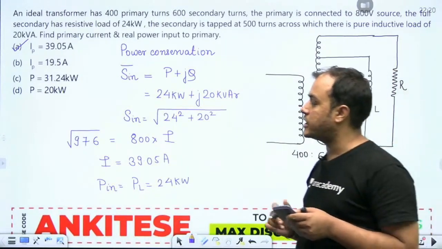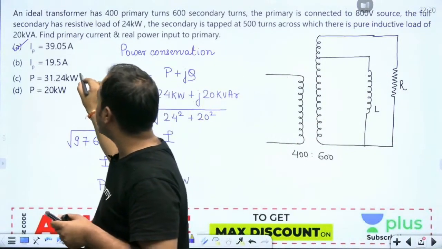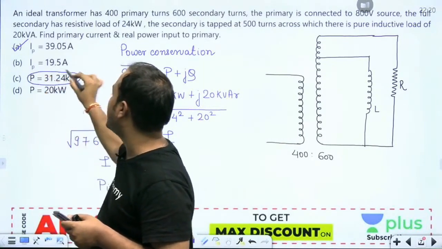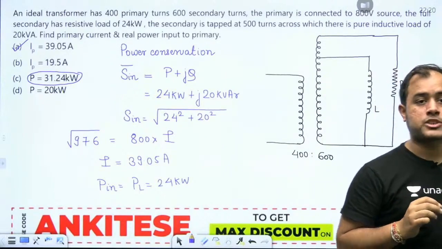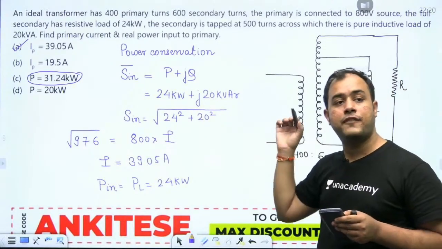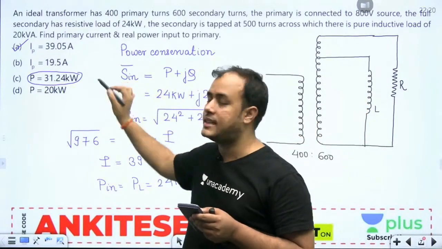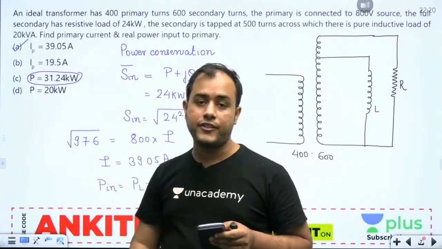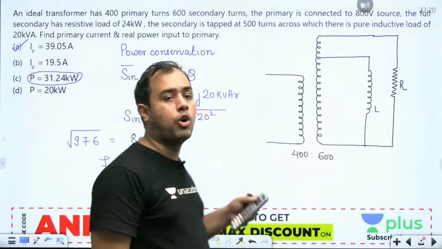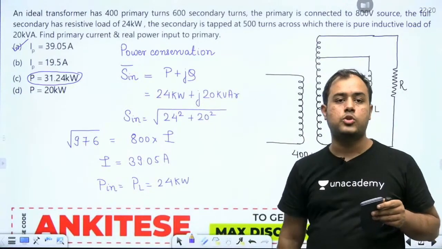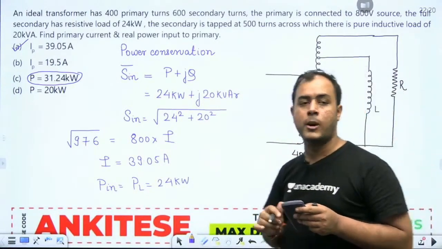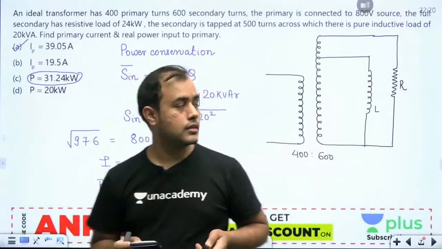None of the other options will match. The value that is given is apparent power, not real power. That is why I specifically gave this option, because many people will find the apparent power and mark C as well. But no, my friends, real power is 24 only. So there is no option which says P equal to 24. Hence only one option is correct, A.